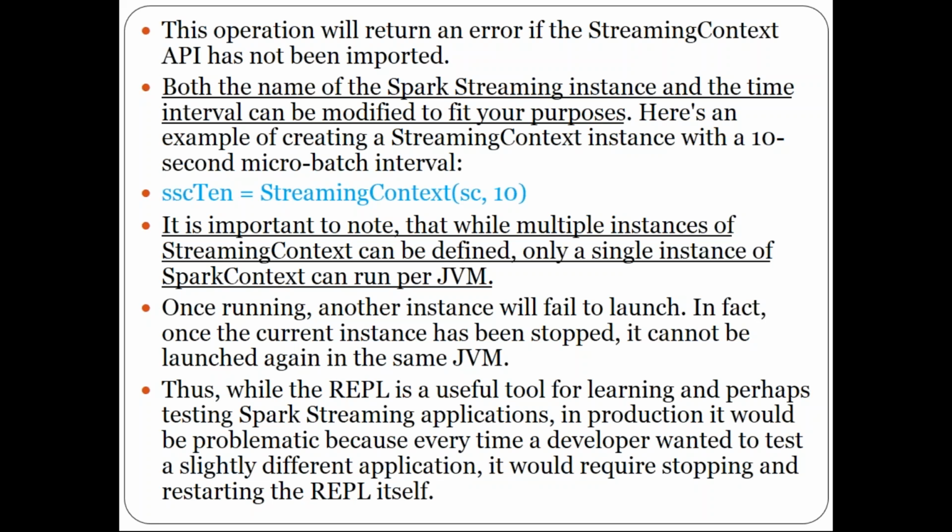If multiple users run multiple Spark contexts, they will create multiple JVMs. Under the JVM only, this will be invoked, and this REPL communication to your cluster will be happening. Very clear. Now, what happens when they are running? When they are running, another instance will fail to launch. In fact, once the current instance has been stopped, it cannot be launched again in the same JVM.